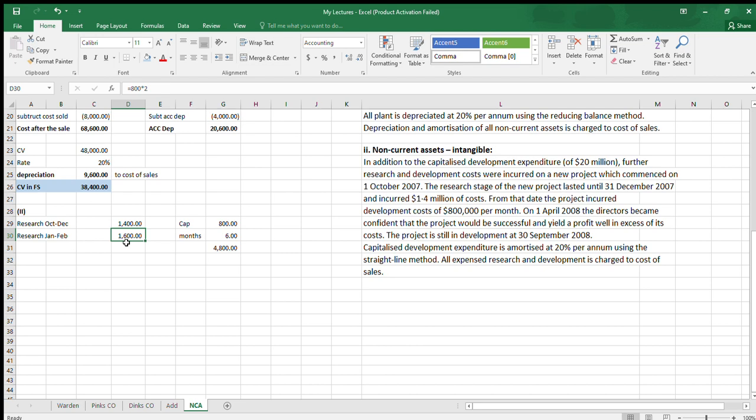Now what we would do next is that capitalized development expenditure is amortized at 20% per annum using the straight line method. Okay, very simple.